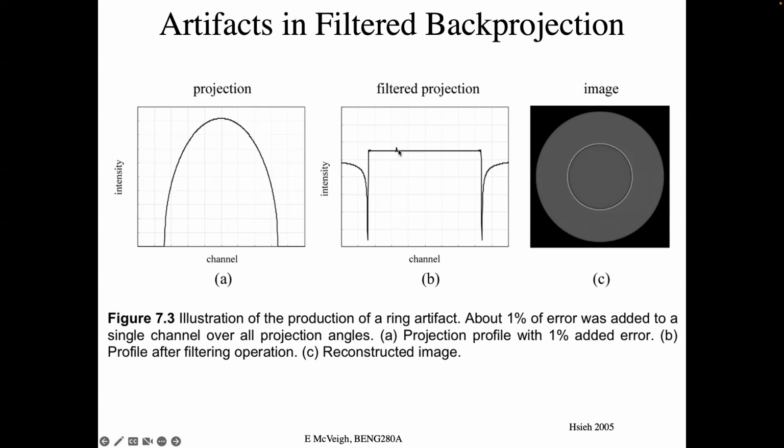You can see there's a little blip there, but when you back project it, this is what it looks like. And this is one of the most common things you see in a CT image when you get down to really low counts, like low dose. You start seeing these differences in the gains of the detectors, and these ring artifacts show up.